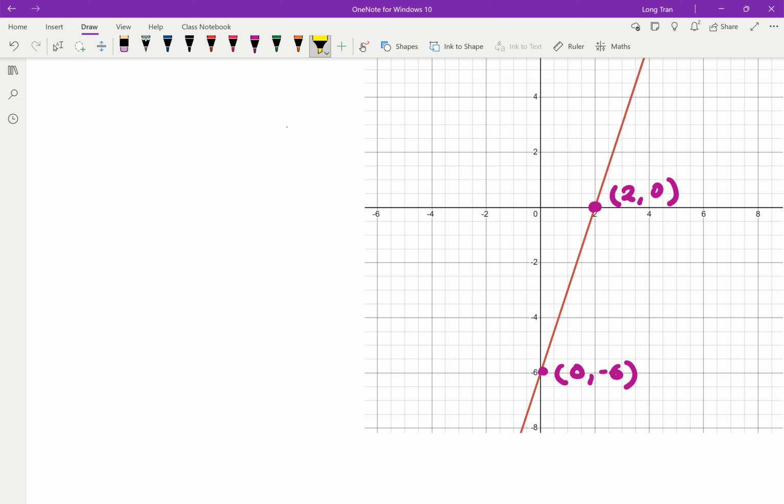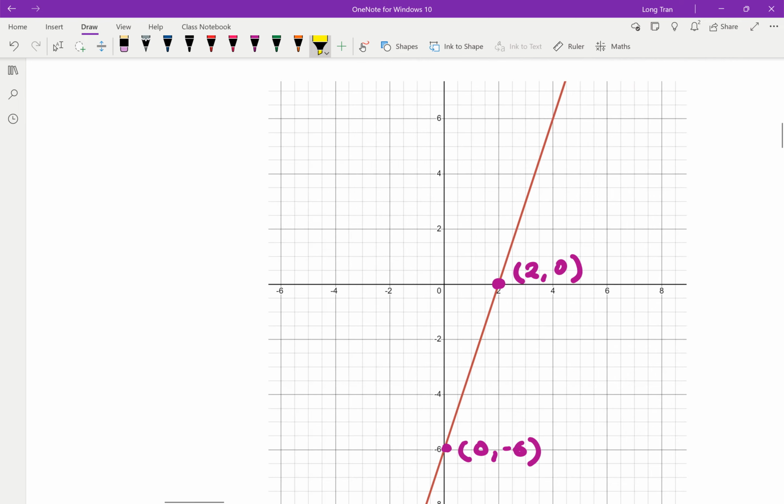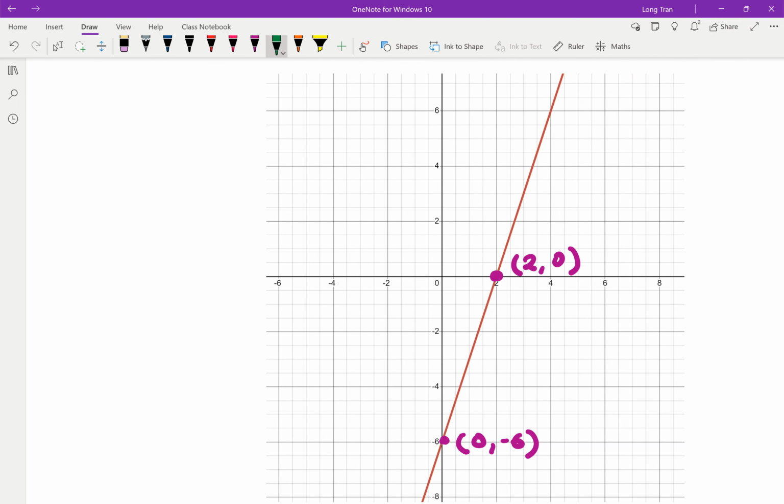Now, what's the pattern? The pattern is that every time you have an x-intercept, I'm going to write here, x-intercept, you notice that the y-coordinate will always be 0. That's one of the key things about calculating this.